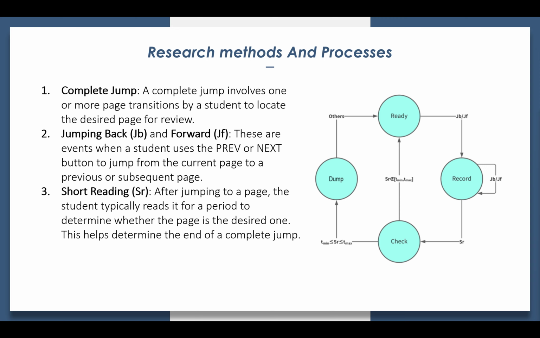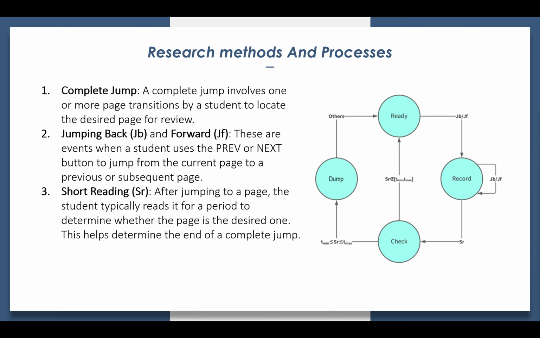After jumping to a page, the student typically reads it for a period to determine whether the page is the desired one. This helps determine the end of a complete jump. So when jumping back or jumping forward behavior occurs, if the time the student stays on the page meets the requirements of a complete jump, we consider that there is a connection between the action start page and the target page.